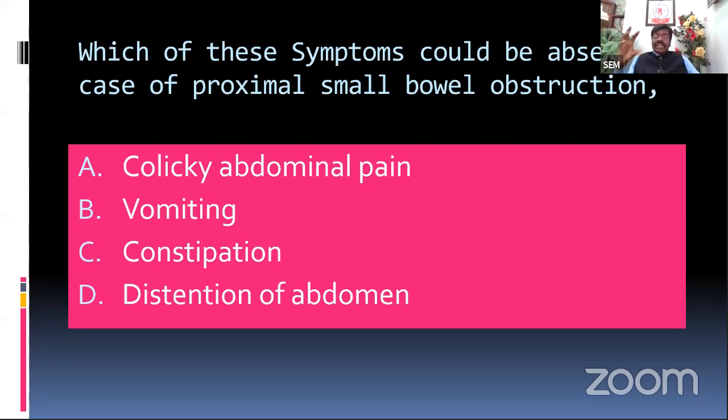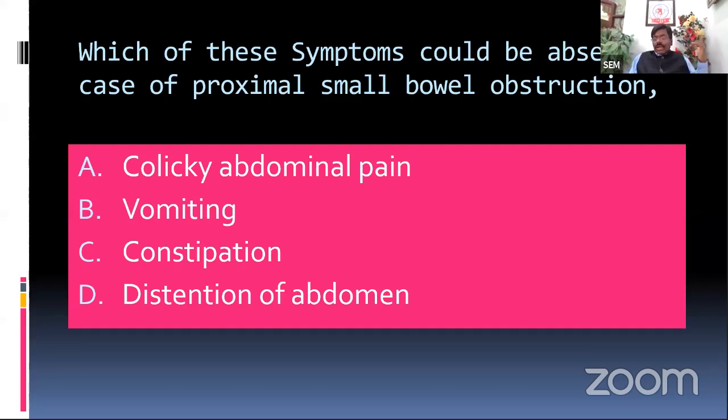Whereas the distension of the abdomen will occur only if the obstruction is distal, then only all the proximal bowel will distend. For example, if you have obstruction at the duodenojejunal junction, only the stomach can be distended. So it will not give rise to big distension. So distension of the abdomen is strikingly absent in a case of proximal small bowel obstruction.